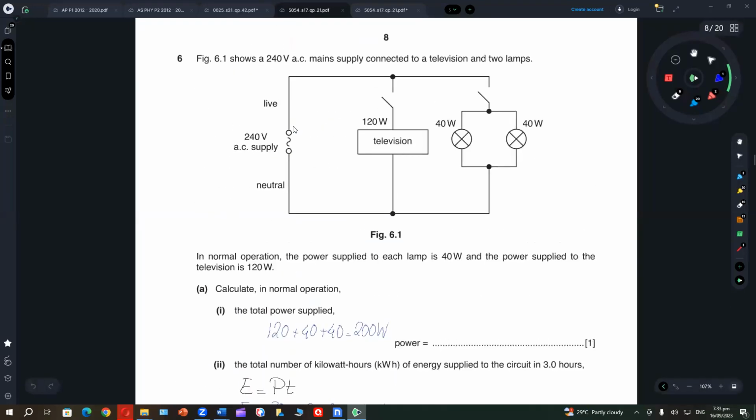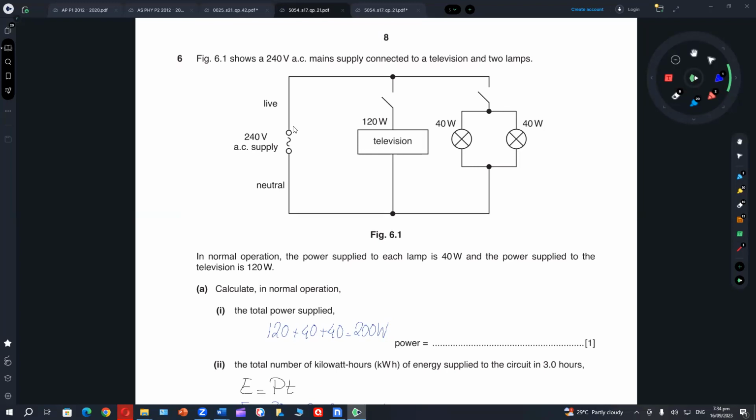Because you remember the concept, live wire is at a higher potential. Actually, current comes from the live wire, so all protection, all type of safety and control is needed there, and a switch is also a part of control.